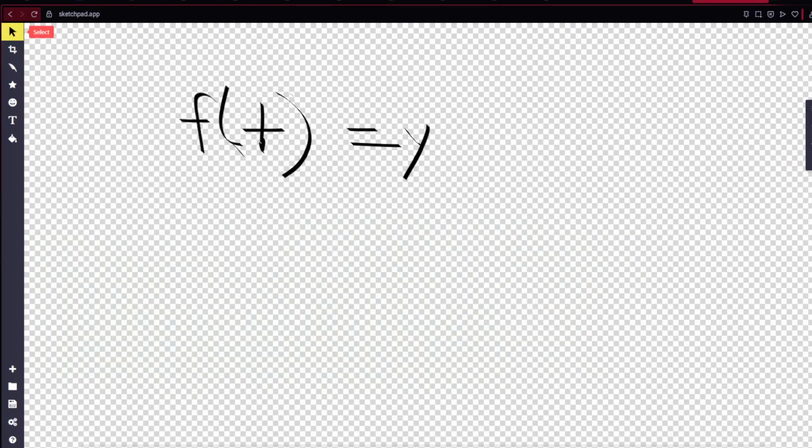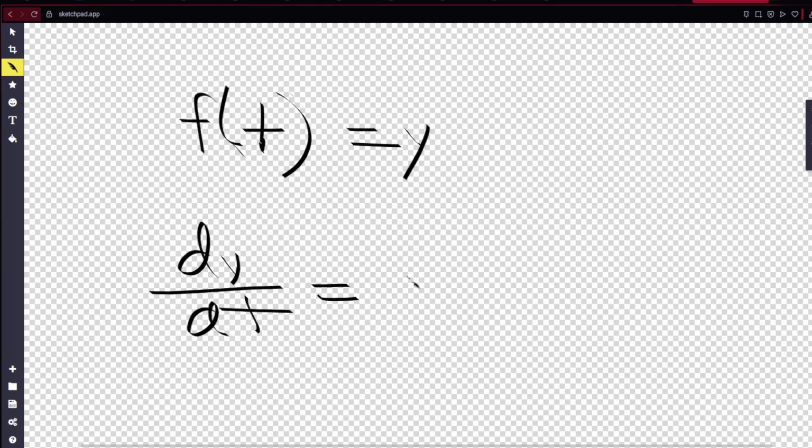So dy/dt equals k y, which will make things a little bit simpler for us.